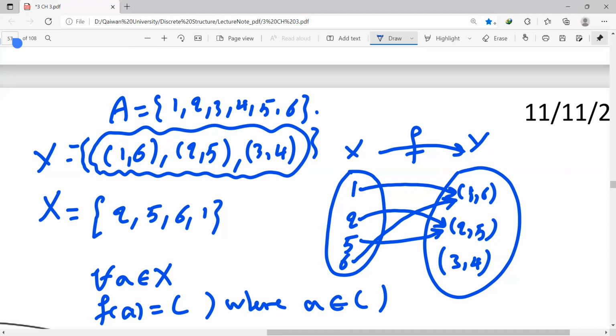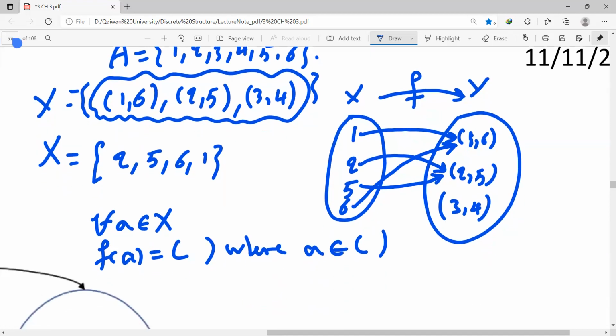This is the function, and we say this function is from X to Y. X is any set of 4 elements of A. As you see here, there are at least 2 elements in X which have the same image. As you see here, we have 1 and 6. 1 and 6 have the same image: 1 goes to {1, 6}, and 6 goes to {1, 6}.